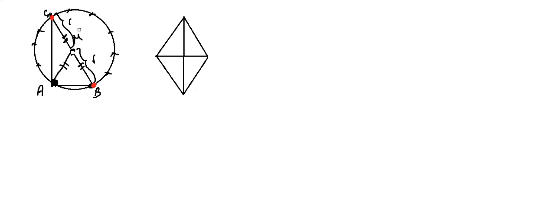Okay, this is a very important thing. So let us see what we have over here. We have ABCD, a rhombus. AB is fixed.